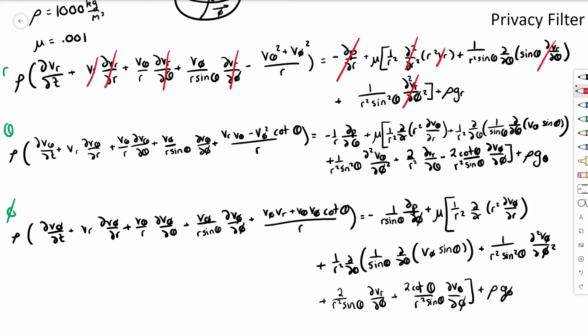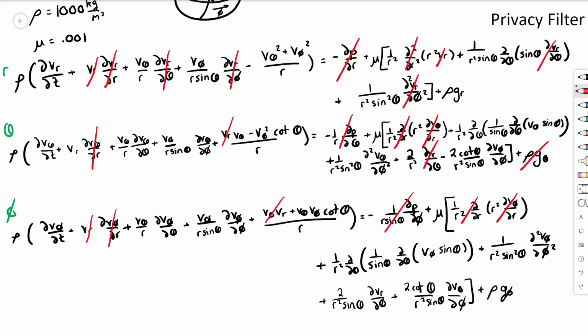This is not surprising if you visualize the rotation of the Earth in your mind and realize that as it rotates, there will be radial effects from that rotation, even if you assume it's a thin layer. And then continuing with this assumption, we can cross out a whole bunch more terms. Gravity does not affect the theta direction.